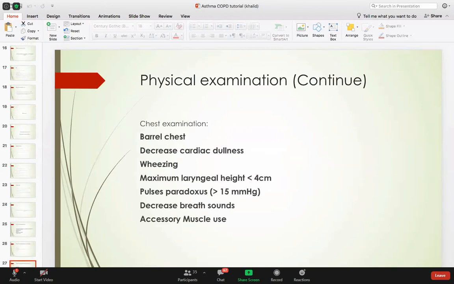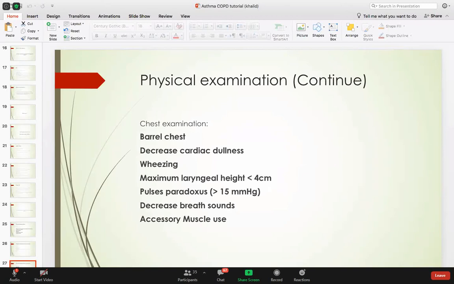On examination, you may see barrel chest, which indicates a state of COPD, and decreased cardiac dullness, basically because when you have a lot of air entrapped inside the lung, the cardiac dullness on percussion may be relatively shorter than the overall chest.